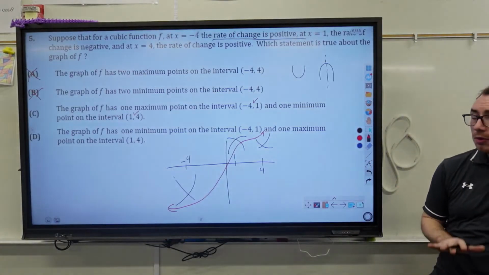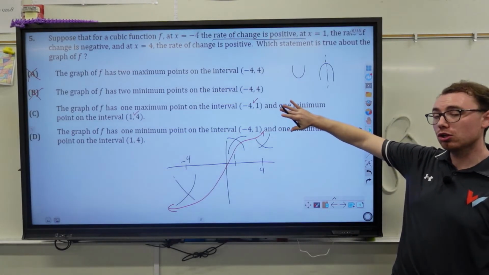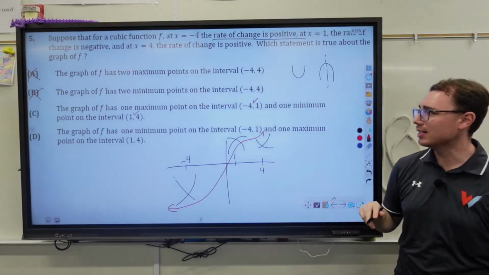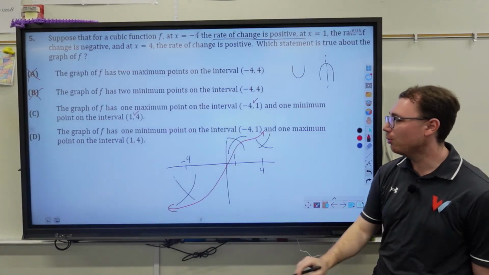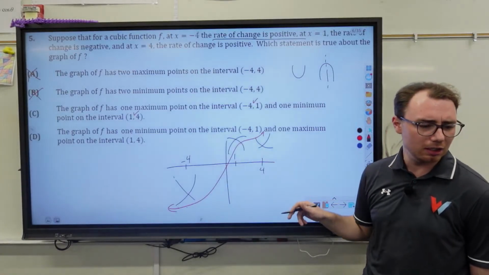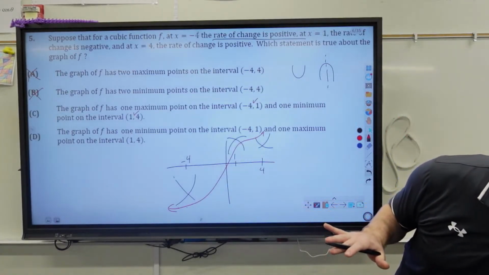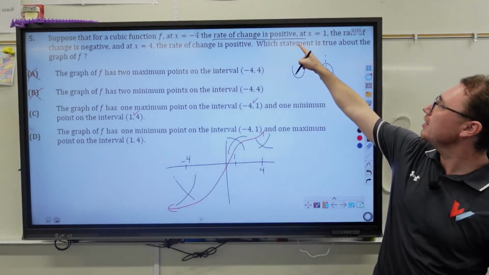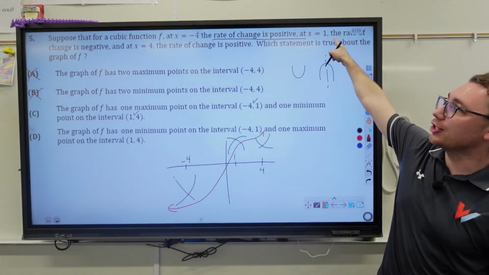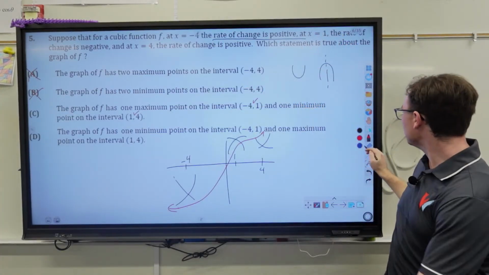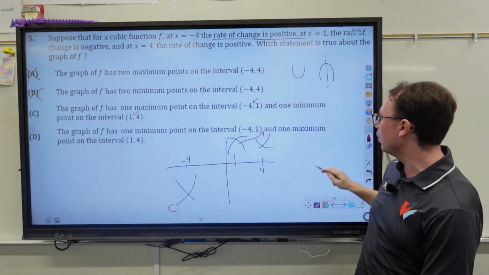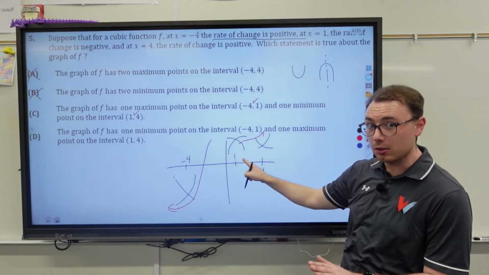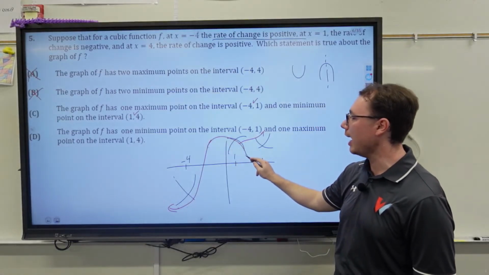For this reasoning, we're going to reason that C is the most correct answer. In C's case, between the interval of -4 to 1, there has to be a maximum point, because, let me look at my notes real quick. Yeah, according to the notes, if -4 has a rate of change that's positive, and then there's a rate of change that happens to be negative, we know that the graph has to go up some amount, and then since 1 is decreasing, it has to be going down at that point.